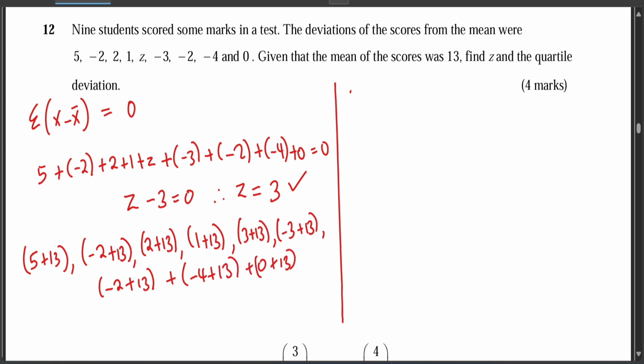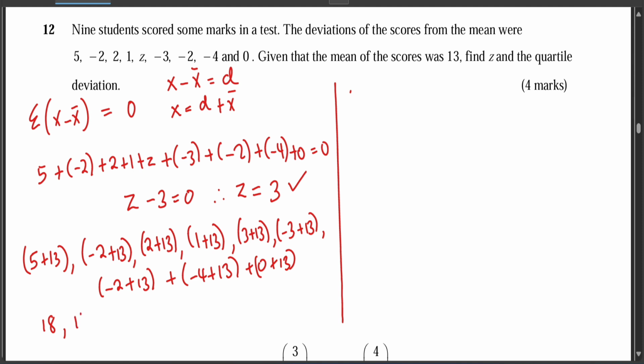And the reason why I'm doing that is because your value, which is x minus your mean, is just equal to the deviation. So in case of your x value, just take your deviation plus the mean itself. So I'm doing the same thing with this question. 5 plus 13 gives you 18.